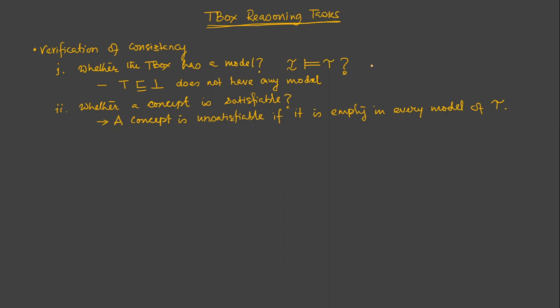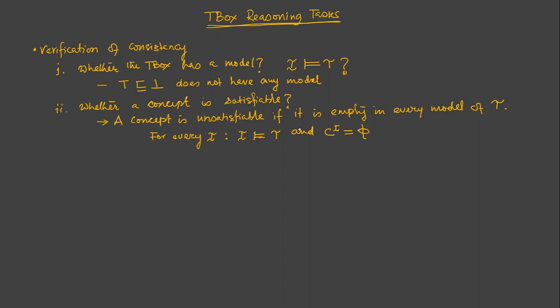That concept will be unsatisfiable if it does not contain any individual for any given interpretation which is a model of T. Mathematically, for every I where I is a model of T, the interpretation of C under I is an empty set.